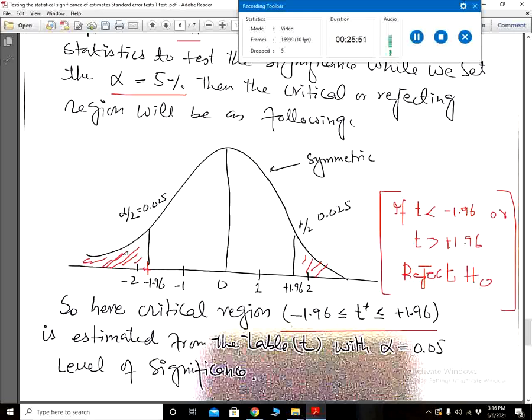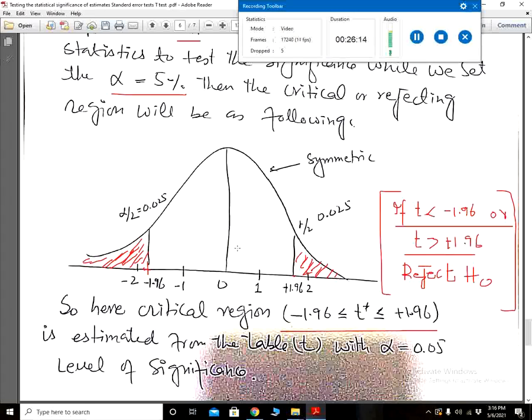This is the critical region. If t falls here, we will reject H naught. Again, if t is greater than plus 1.96, here is 1.96, and if t falls in this critical region, we will reject H naught.